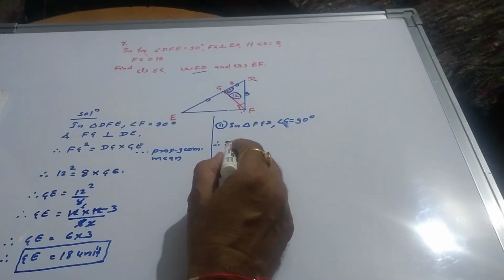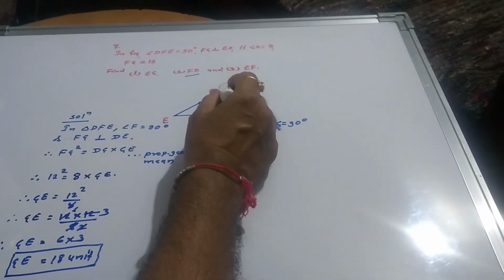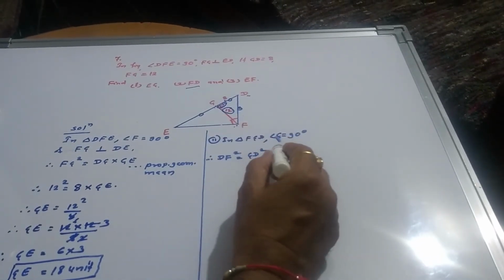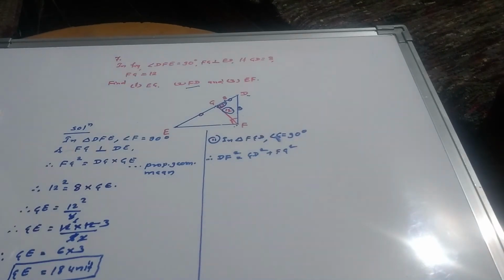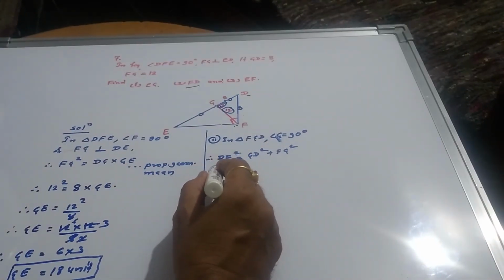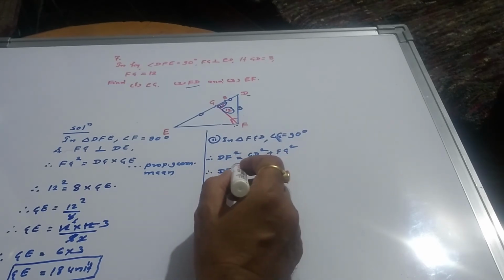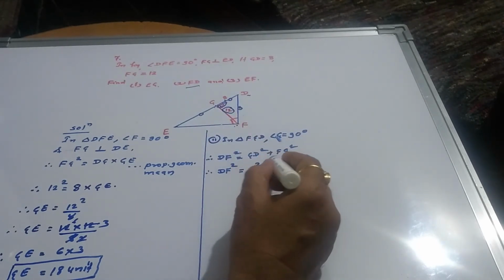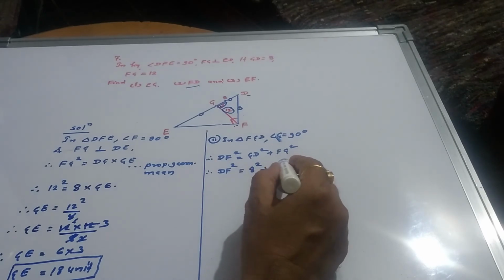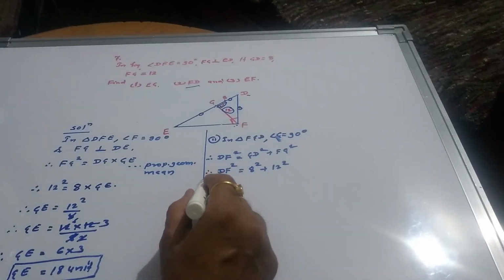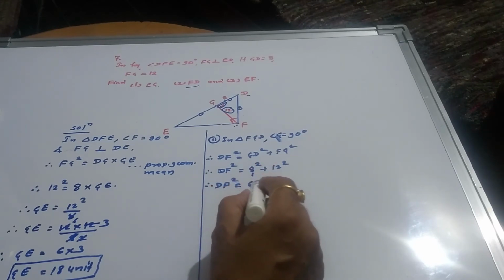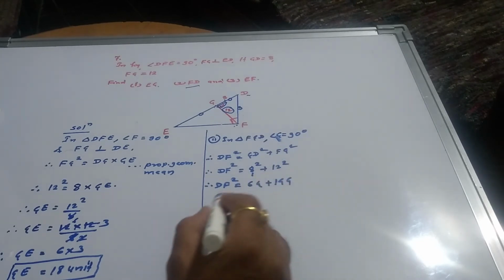So DF square is equal to GD square plus FG square. Therefore DF square is equal to, what is GD? GD means 8, 8 square. What is FG? 12, 12 square. So now DF square is 8 square, 64, plus 144.